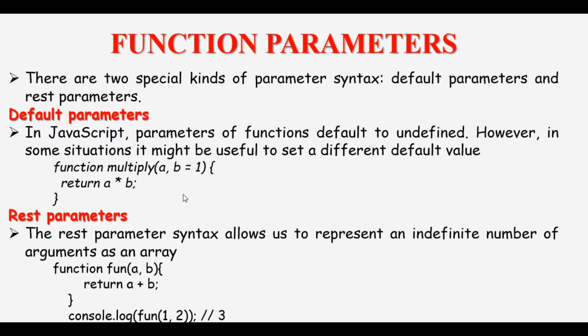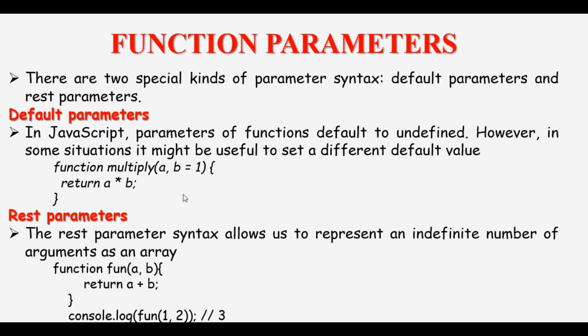However, in some situations, it might be useful to set a different default. For example, here we have a function named multiply, and we are giving b a default of 1. So if you call multiply without passing an argument for b, b becomes 1.